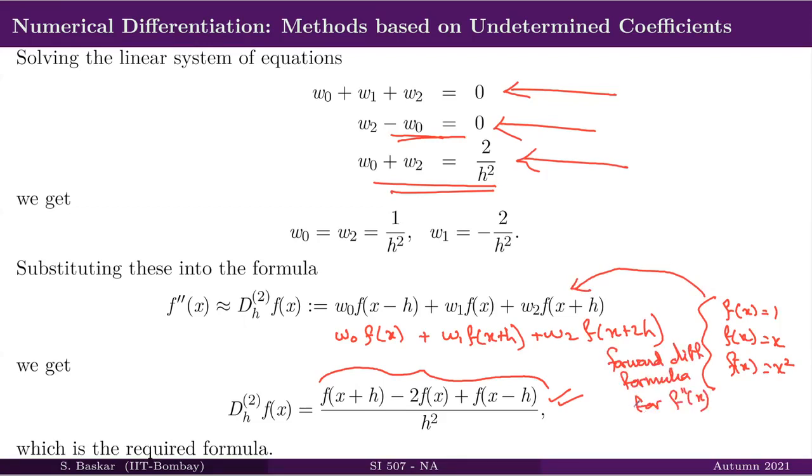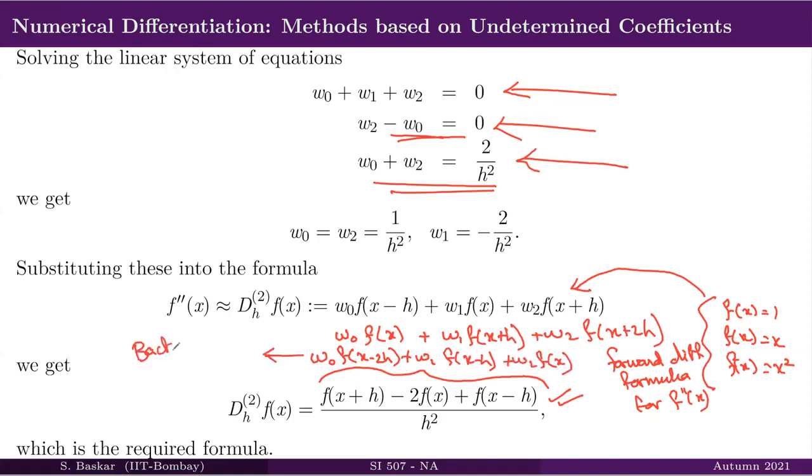Now, if you want the backward difference formula, how should you choose x0, x1 and x2? You choose x0 as x - 2h. Therefore, you will have W0 f(x - 2h). x1 is x - h, therefore W1 f(x - h), plus W2 f(x).